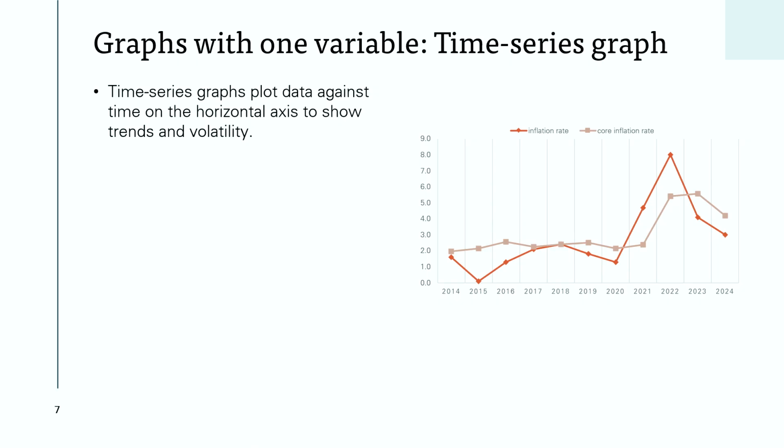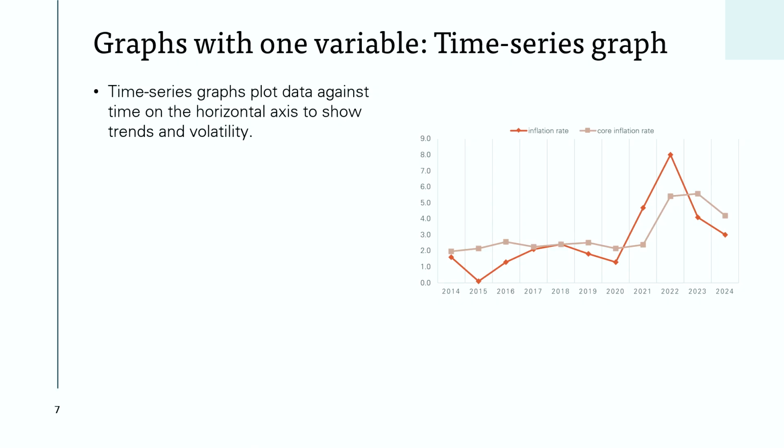One of the most important graph types in economics is the time series graph. A time series graph plots data over time. Typically, time appears on the horizontal axis, while the variable being measured appears on the vertical axis. This graph allows us to observe trends, fluctuations, and changes through time. And on the right hand side, you can see inflation rates and core inflation rates from 2014 through 2024.